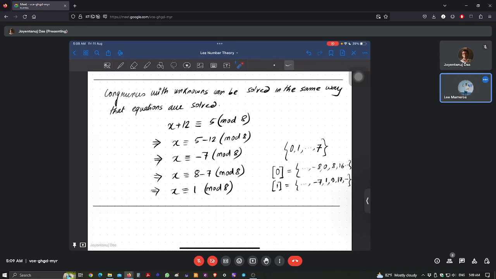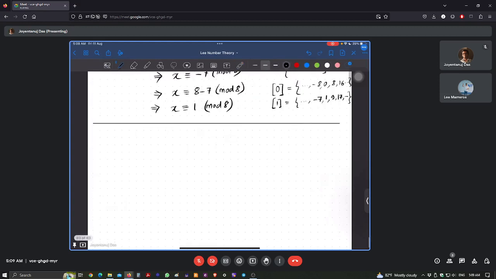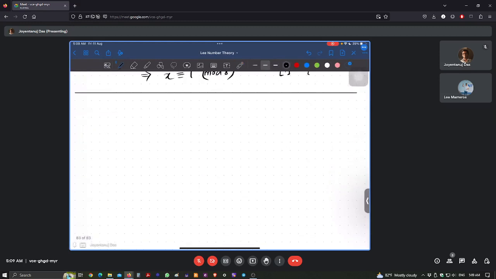Right. So this is an example of how we solve for the unknown when we are given an equation. Let us see another example. Suppose you have another equation, 4x is congruent to 3 mod 19.